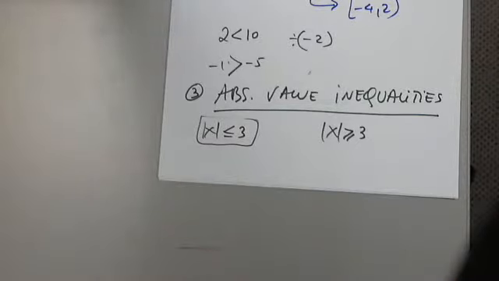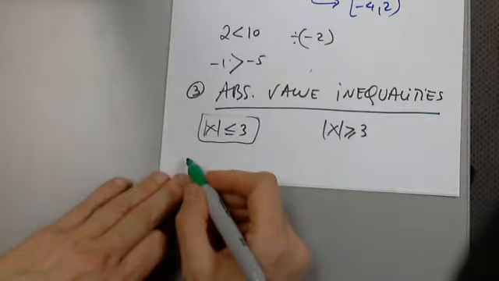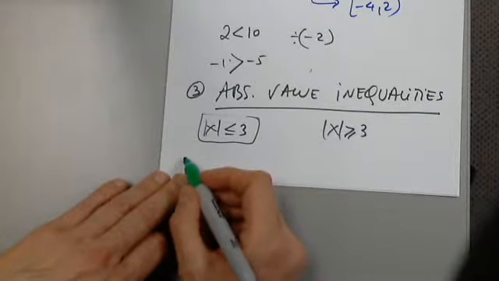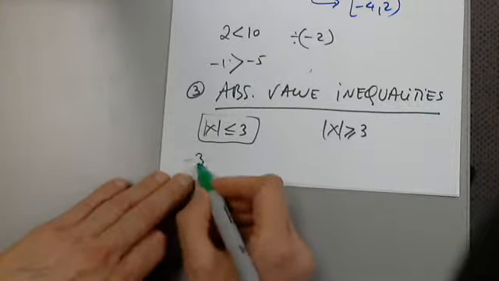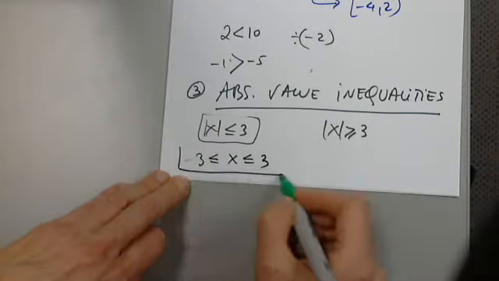So now I'm saying this to you. We are trying to find numbers whose distance from 0 is 3 units or less. How do I write that? Exactly how you just said it. -3 less than or equal to x less than or equal to 3. That's it.